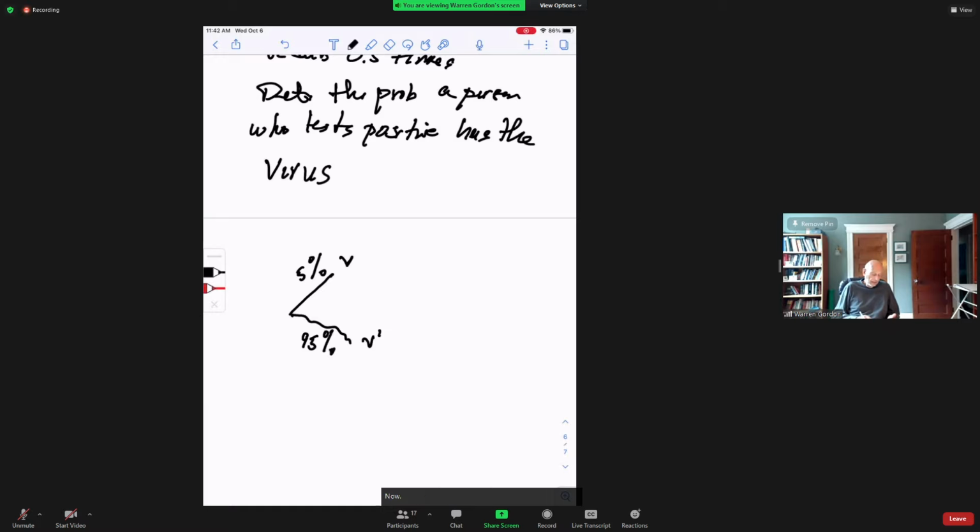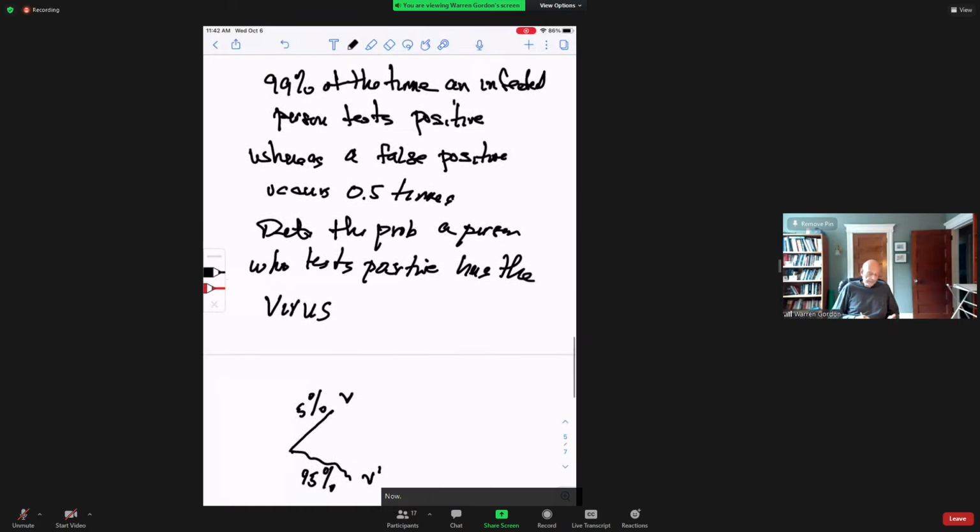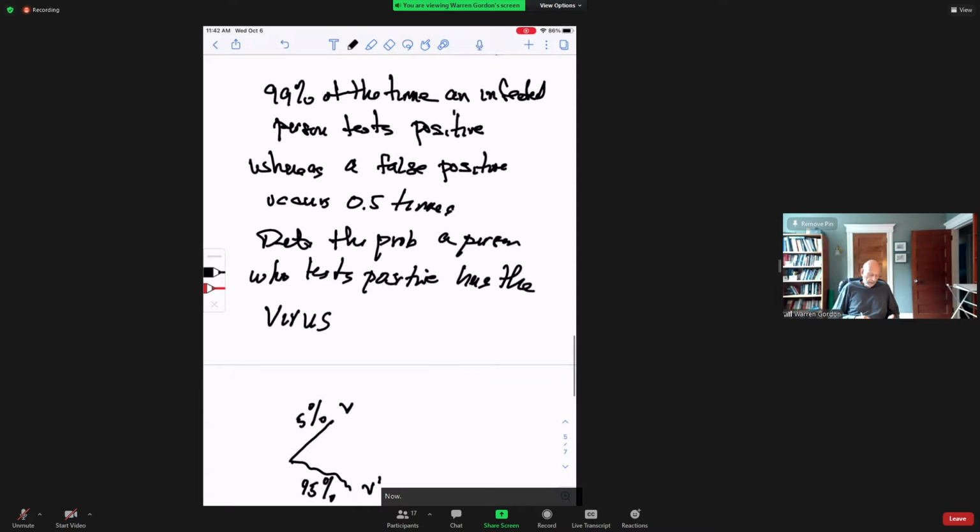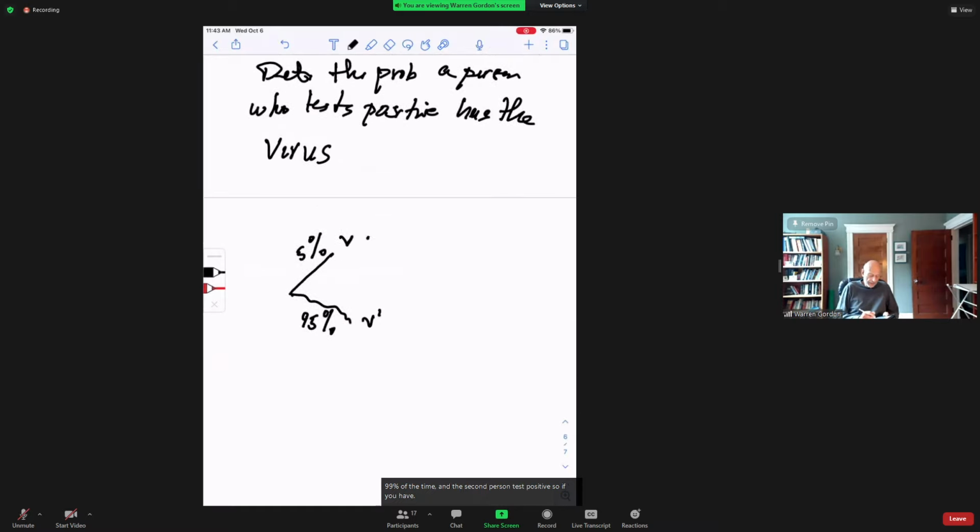Now, 99% of the time, an infected person tests positive. So if you have the virus, you test positive 99% of the time, which means you test negative 1% of the time. I'm using percentages rather than decimals, okay?